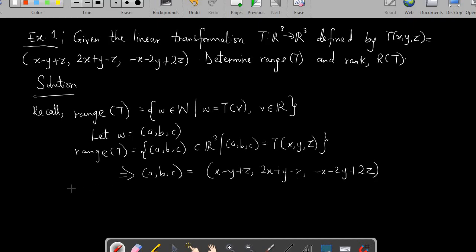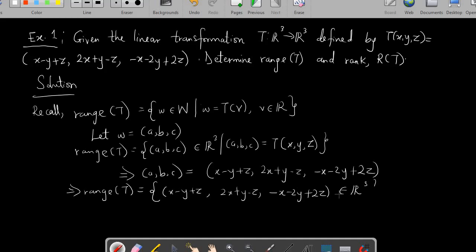Now if this is true, it simply implies that our range of T is equal to the set of these, X minus Y plus Z, 2X plus Y minus Z, minus X minus 2Y plus 2Z, and all these are elements of R3. So this is your range. But we are not done.